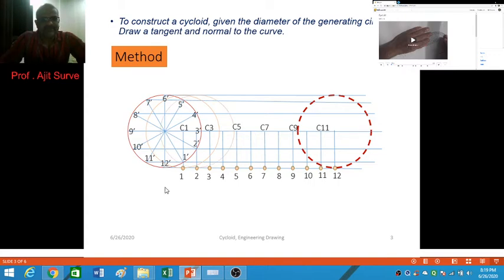I take the third, C2 as a center. I will draw the circle, and this 12 point will move to the next position somewhere here. Like this, I take the next center C3 and draw the circle. The 3 dash point will reach here, and the 12 point will reach this point. You know that this is the line passing through the 3 dash.